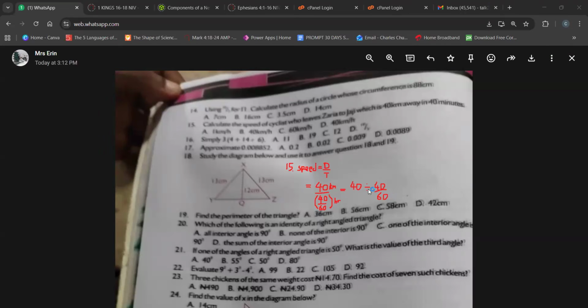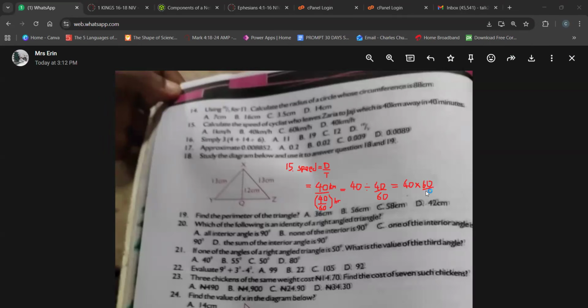So 40 divided by 40 over 60 will now give me what? I'll write it as 40 times what? 40 times 60 over 40. 40 in 40 is 1. 60 times 1 is 60.